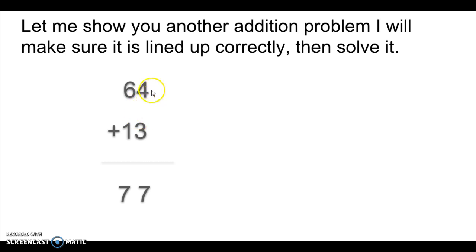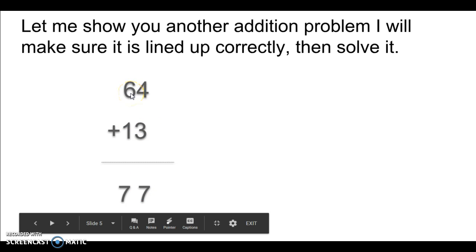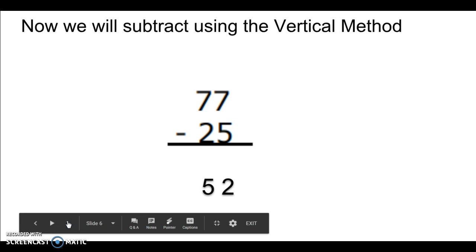First thing I would do is add them. 4 plus 3 is 7. Then I'd head over to my 10s column. 6 plus 1 is 7. The answer is 77. 64 plus 13 is 77.